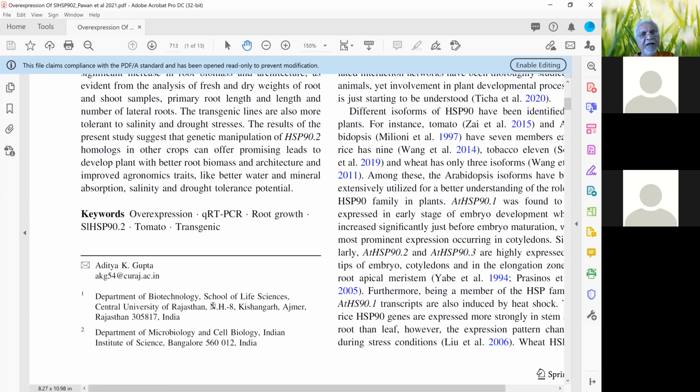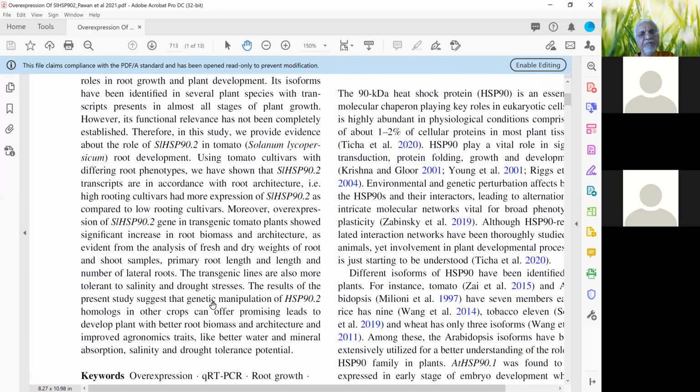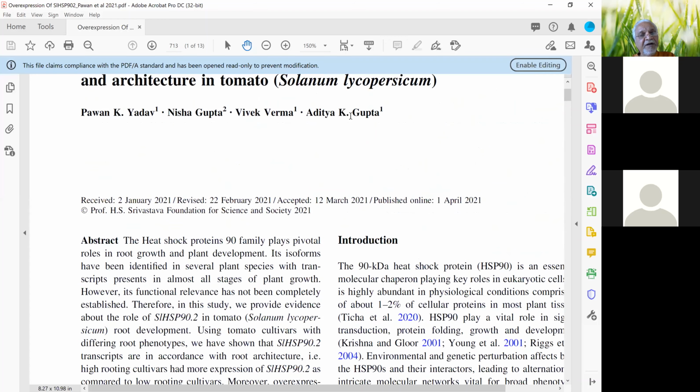Nowadays, you have to identify the specific contribution of each of these authors, like what is the work done by Pawan, Nisha, and Vivek, and myself. So that also has to be identified. I'll come to that part later. But then, title, you suggest a title, and then the authors and their affiliation. That is very, very important.